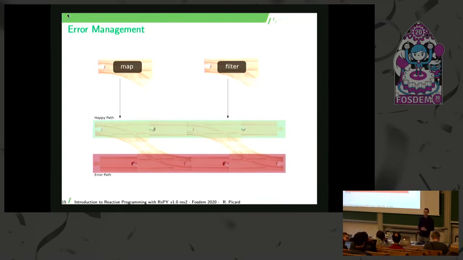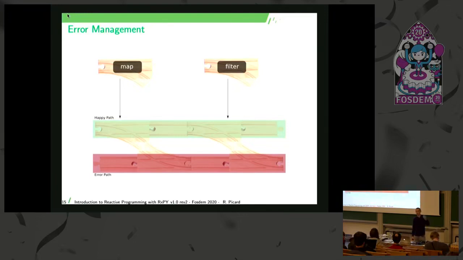So that's one important thing to know, and it's an interesting thing to handle errors with ReactiveX. So basically, when we connect operators together, there are two connections that are done. There's one happy path where the items are emitted. So if everything goes well, the items flow through the happy path.